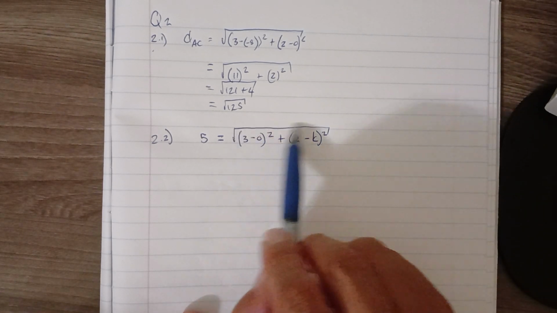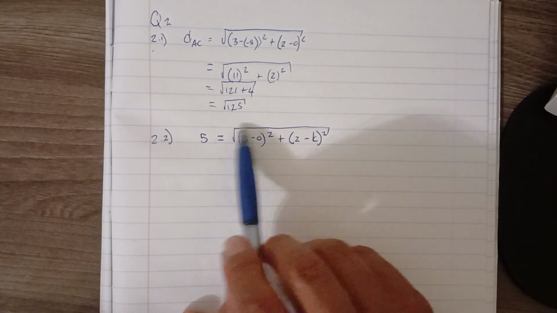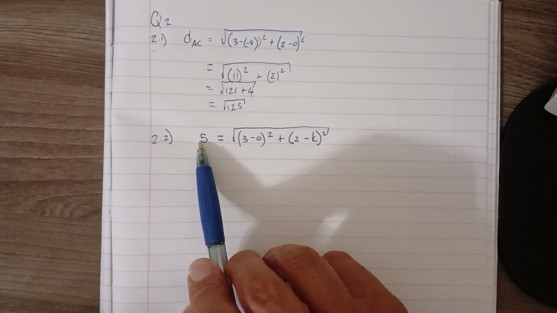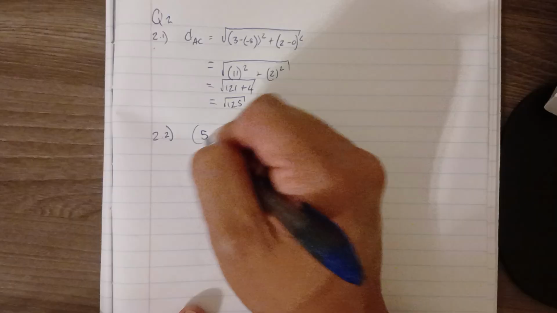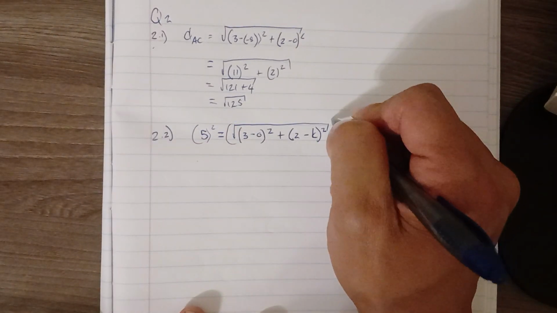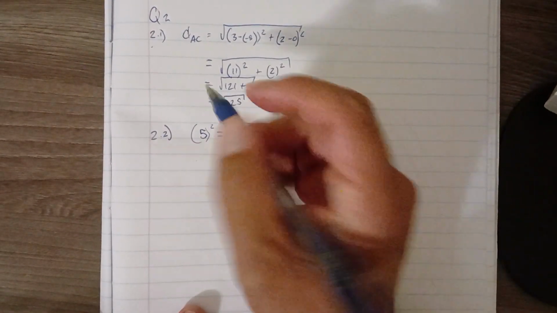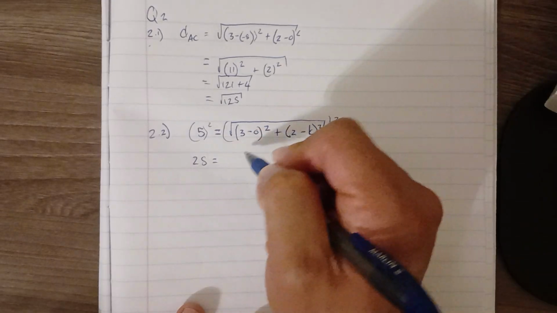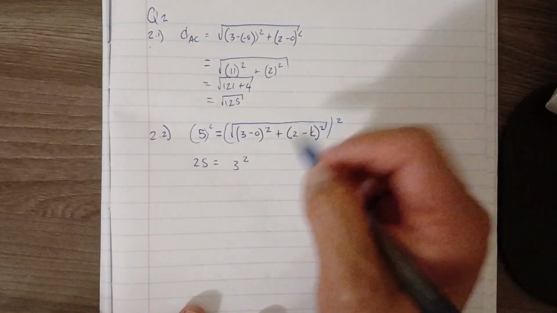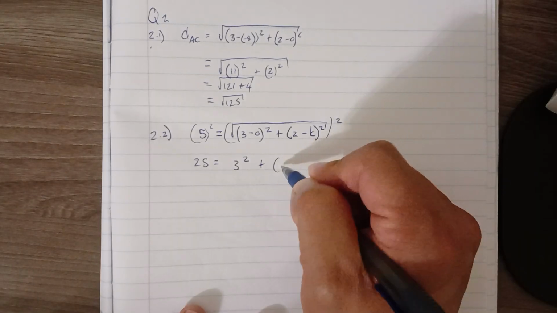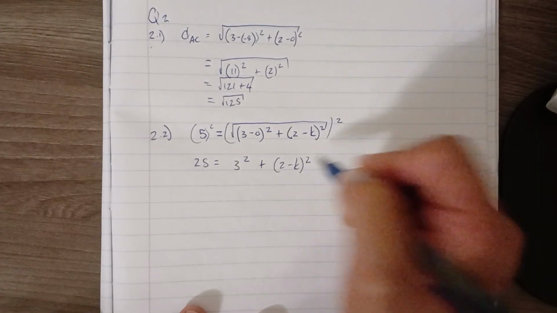To get rid of the square root, I will square, and then I have to square the other side as well. So that's 25 is equal to 3 squared plus 2 minus k squared.